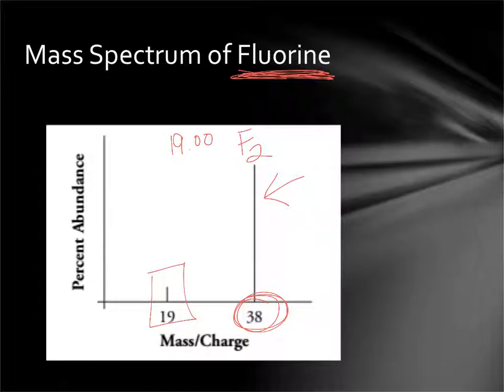On diatomic elements, you end up with two different things: lines or peaks for the monoatomic ions, meaning just by themselves, and peaks for the diatomic species, which is the more prominent. In fluorine, there's only one true isotope, fluorine 19, which when it becomes F2 in its diatomic form is a mass of 38. But in other ones, you have more isotopes, which makes for more possibilities for peaks.